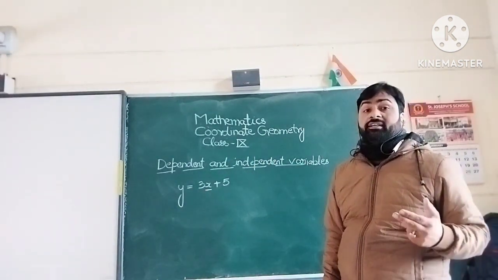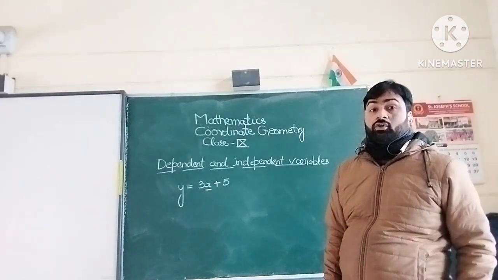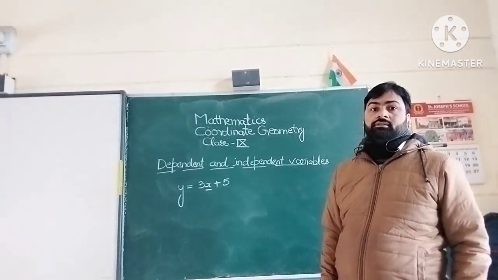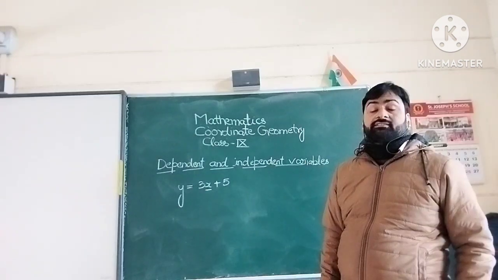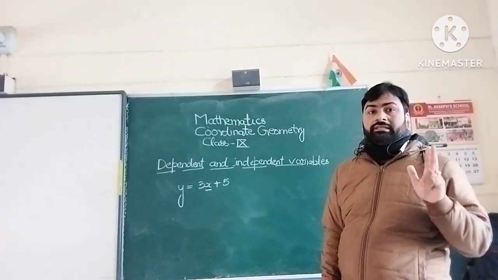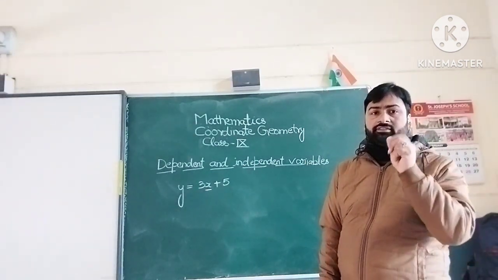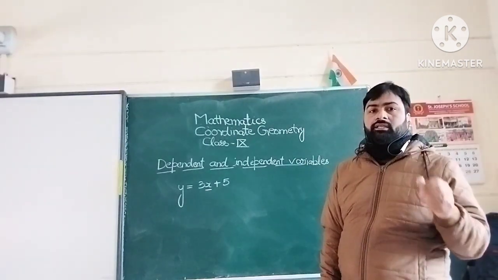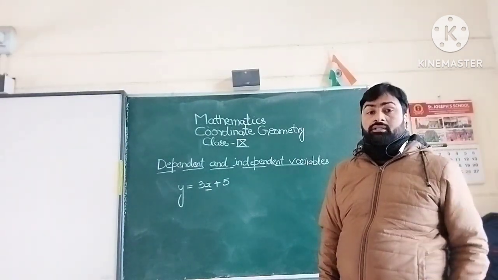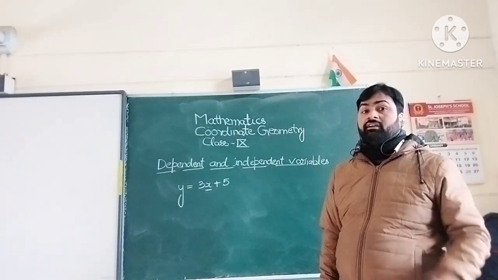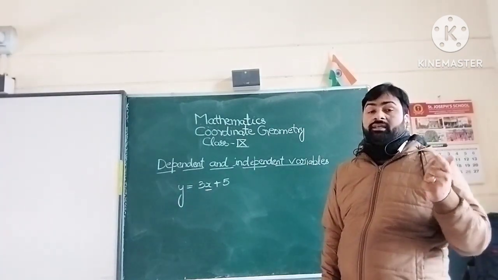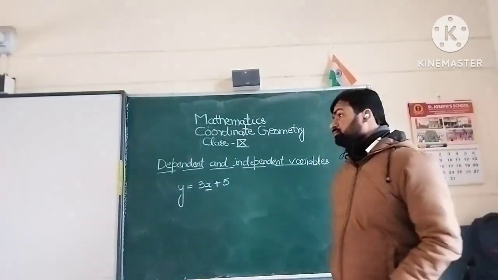In fact, dependent on what? Dependent on the value of x. But while choosing x, we had no constraints. Did we have some limitation that we can choose x only this? No. So we can take x any value. But the moment we fix the value of x, the value of y is automatically fixed.